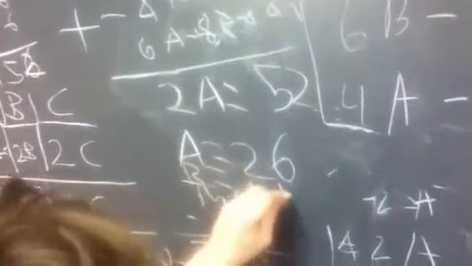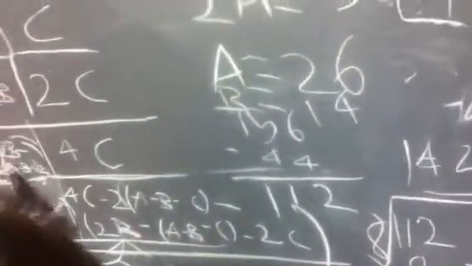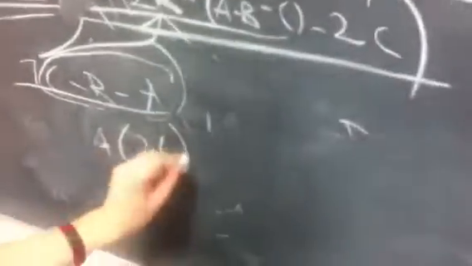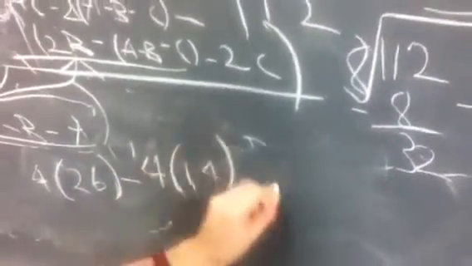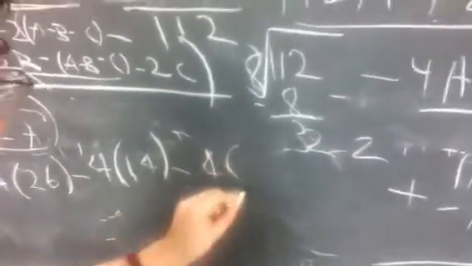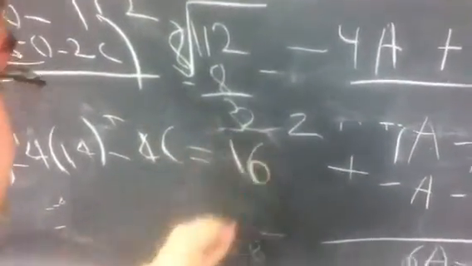And then to make things a bit easier, I am going to plug those in to there. There are 4 times 26 minus 4 times 14 minus 4c equals 16.